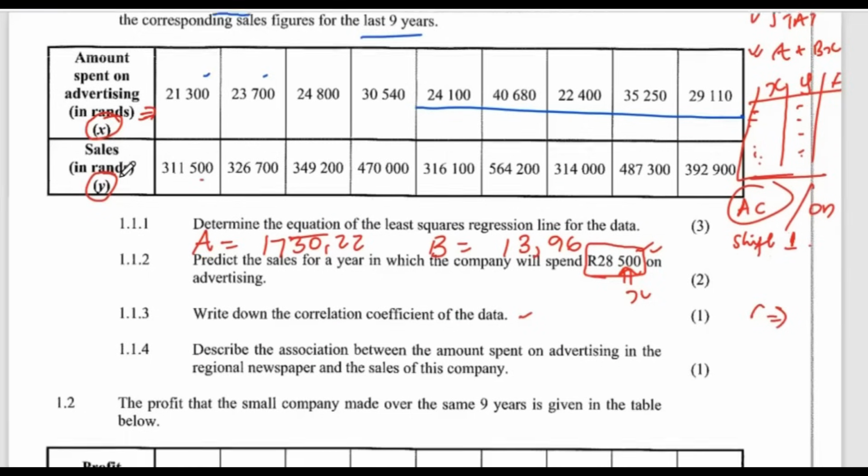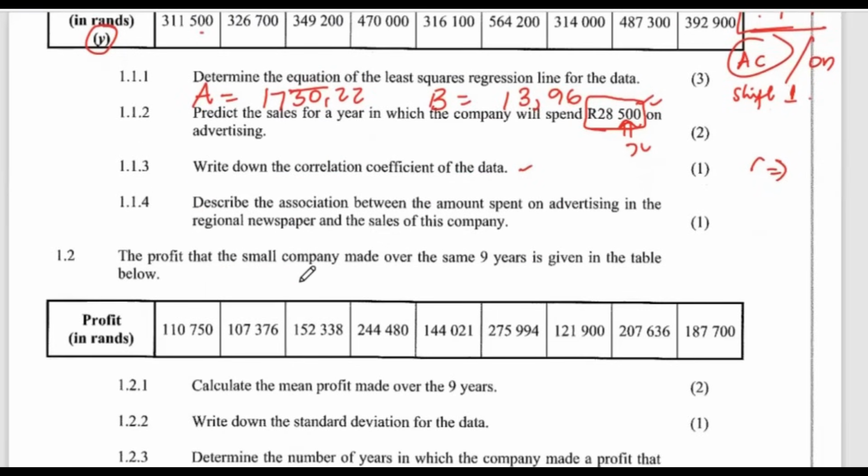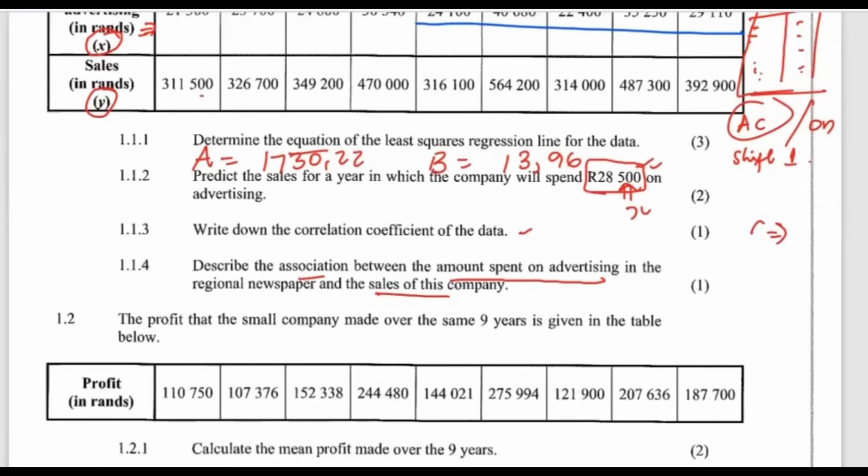So that's our R. And then they're asking us to describe the association between the amount spent on advertising and the sales. So when they talk of the association, they're asking for the relationship based on the correlation coefficient.